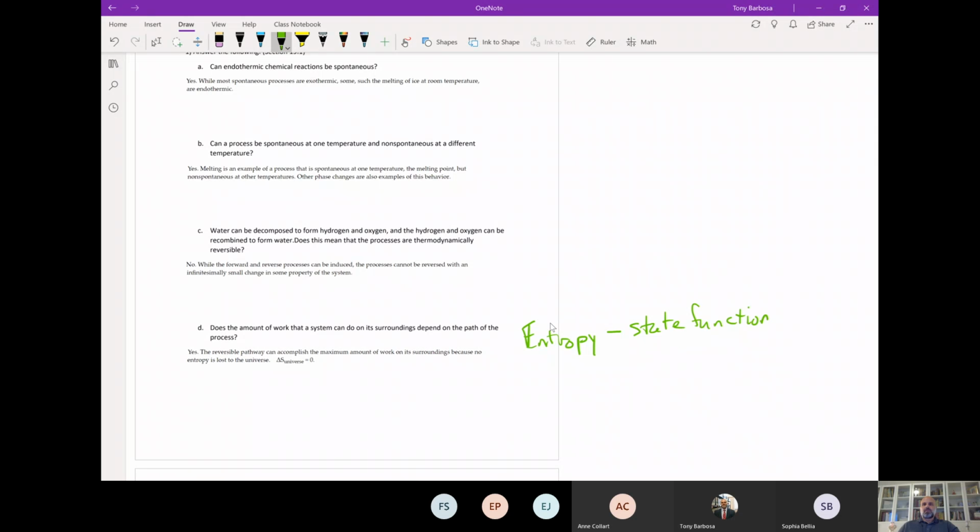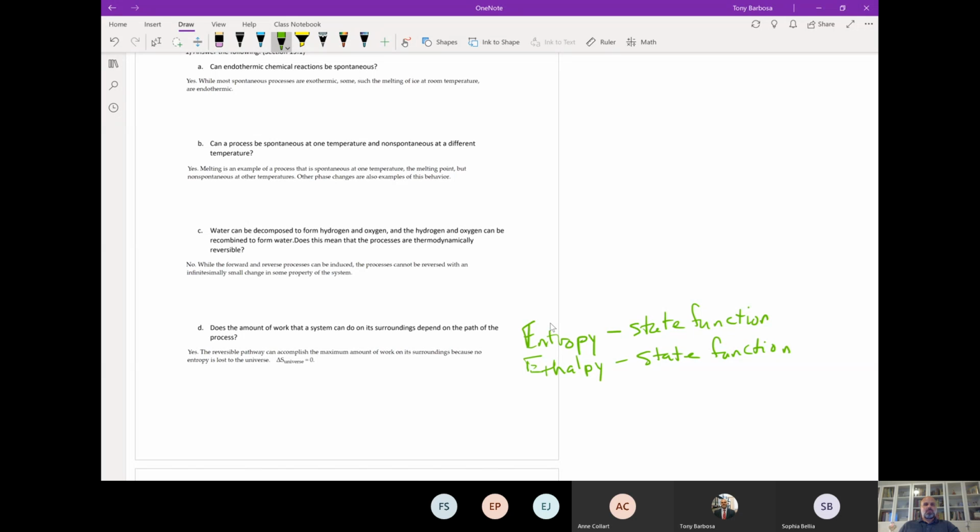And this only has to do with our initial minus our final, and we talked about enthalpy, right? State function as well. We have our initial minus our final, and how we got there in between.